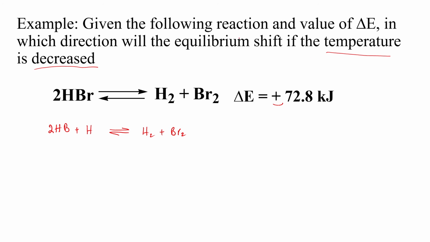Now, what will happen to the equilibrium shift? If the temperature is decreased, we are decreasing the reactant. So if this side is being decreased, remember our rule: a decrease in one of the components, the equilibrium will shift towards the decrease. So what will be your answer? Your answer will be that the equilibrium will shift towards the reactant.